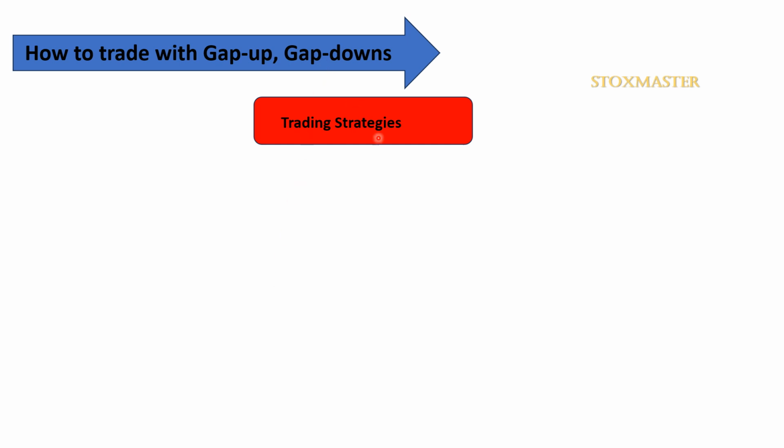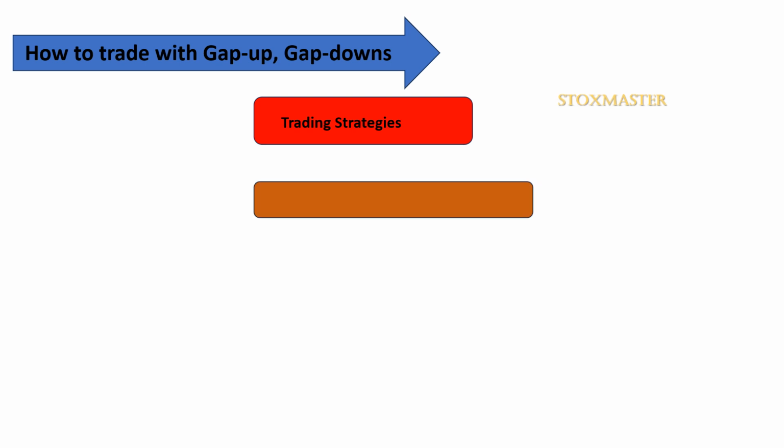Suppose the gap down happens, then sellers are more aggressive than buyers. So by using a proper trading strategy, we can catch the gaps. Now, for gap ups and gap downs, we have to consider risk and risk management.